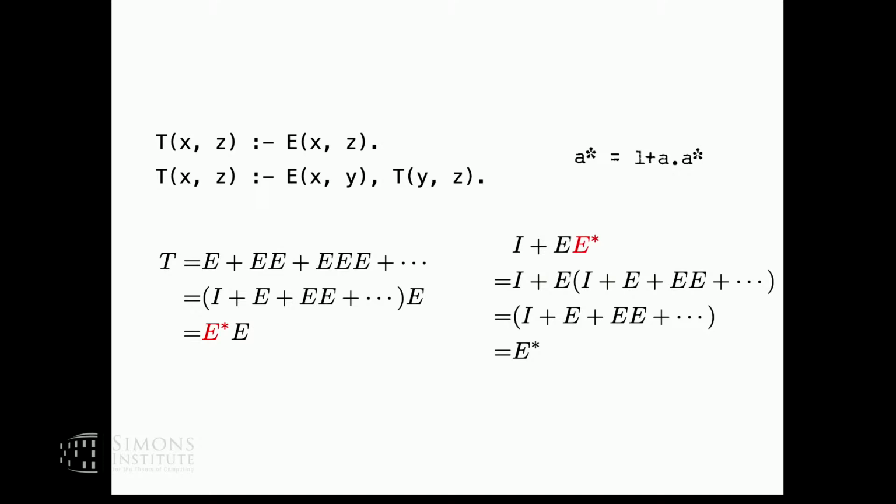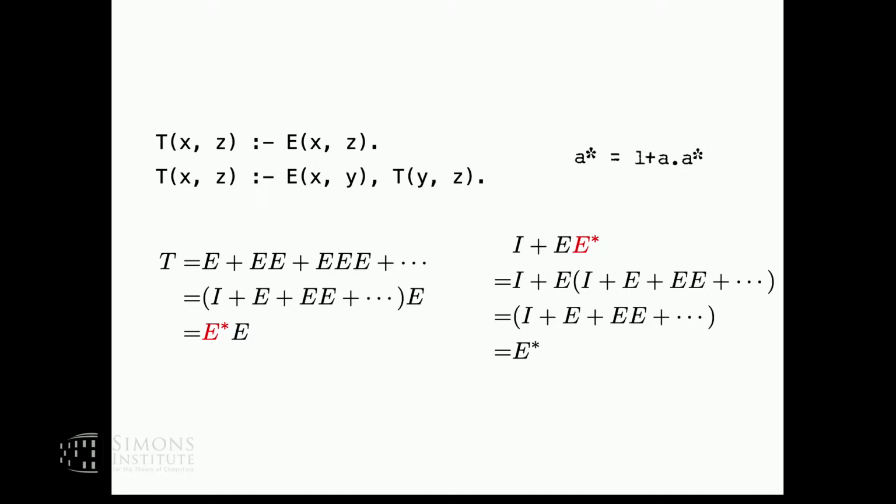Now let's prove that this E star, which we use by abusing notation, actually satisfies the property prescribed by the closed semiring. We want to prove that 1 plus E times E star, remember E is a matrix, equals E star. We start by expanding it.